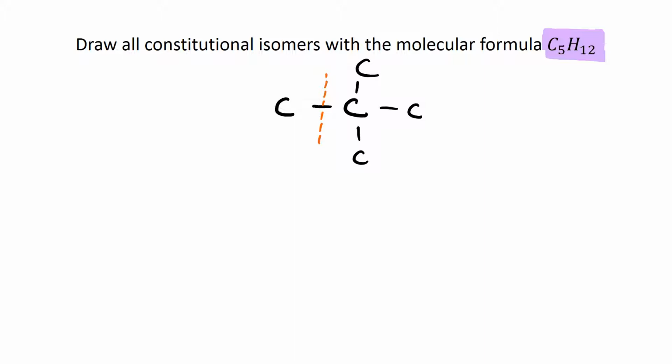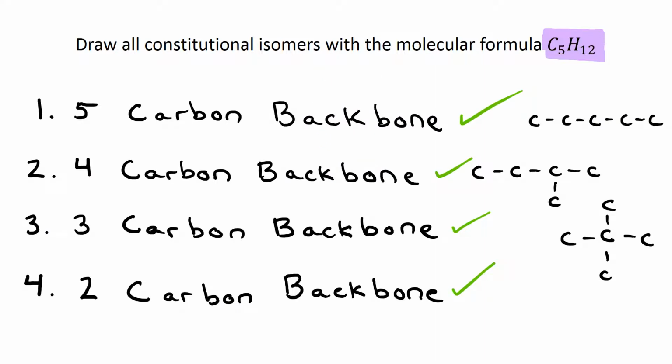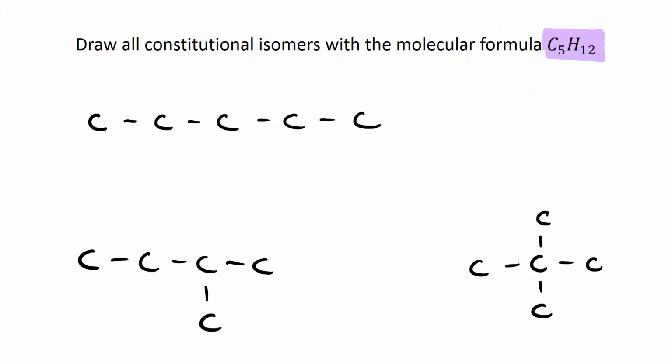So those are all the different possibilities for attaching those 3 extra carbons, so there's no new constitutional isomer that we get starting from a 2-carbon backbone. So these are the only 3 constitutional isomers, at least the carbon backbones for them, that we can form with 5 carbons. So now we just have to fill in the hydrogens.